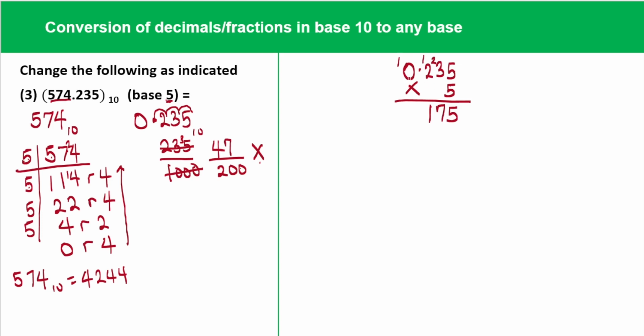5 times 0 is 0 plus 1, that will be 1, so 1.175. But this one whole number will be pushed out, so we have 1, and here will be replaced with 0 since we have moved the whole number out.